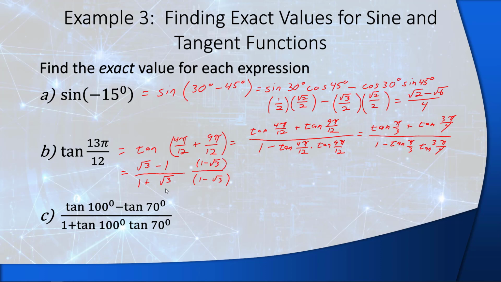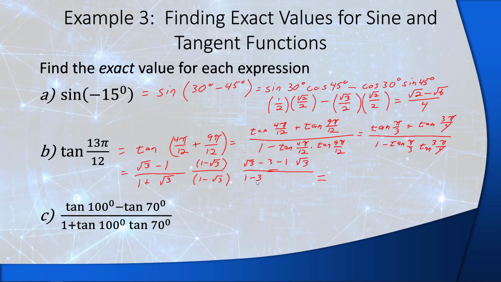And then what we will have on the denominator will be 1 minus 3. And then up here we will have first the square root of 3, outer minus 3, inner minus 1, and then last the square root of 3.